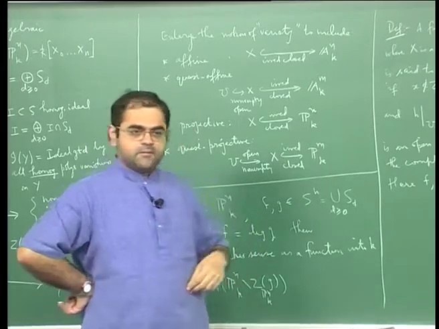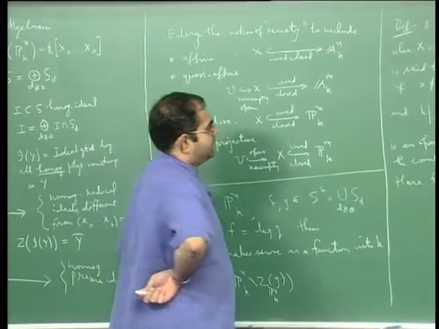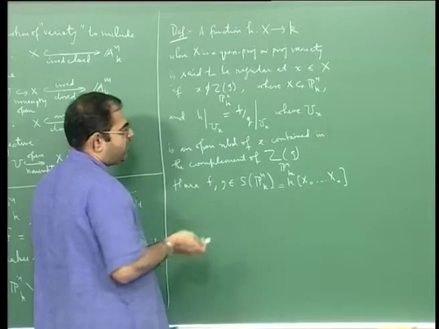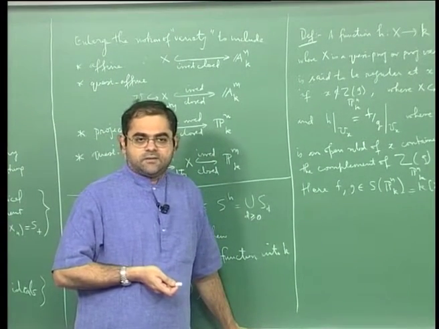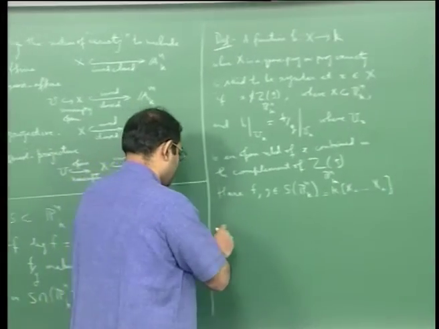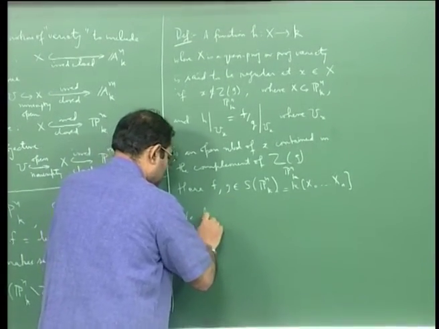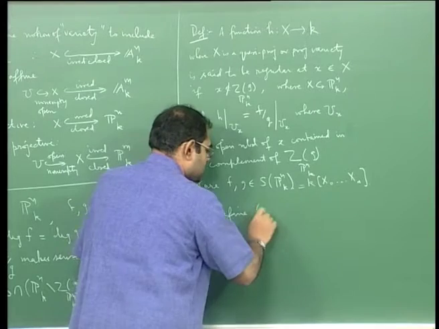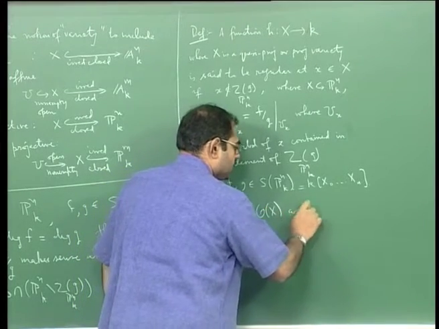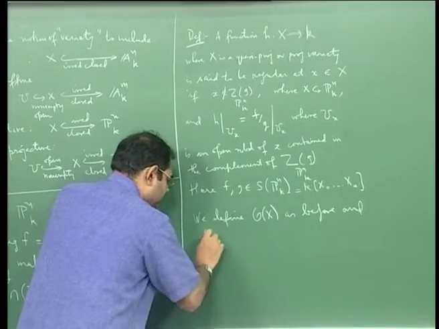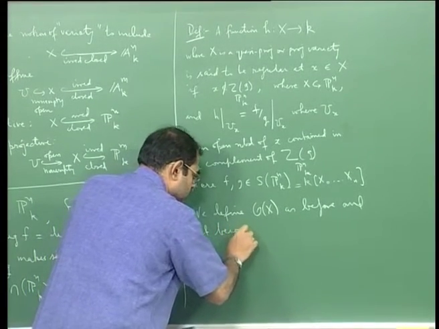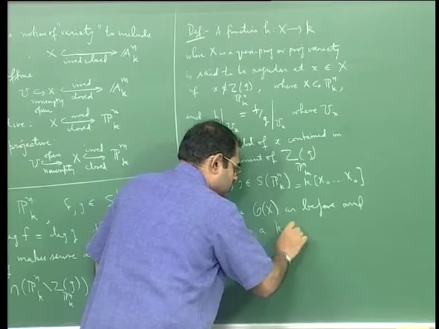Okay. So now we again define the ring of regular functions on the projective or quasi projective variety. We define O_X as before, and it becomes a K algebra.